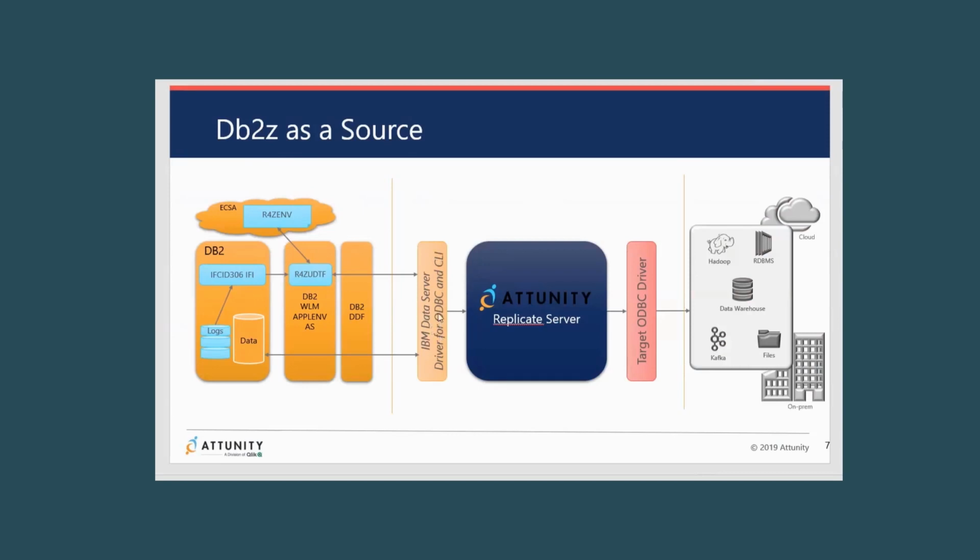That's the only additional software that you need to install on the Replicate server machine. And then when we issue the calls out during the full load, it comes through that distributed data facility interface. We're actually accessing the data directly and bringing that back, and then pushing that, in this case, into Databricks through the target driver.